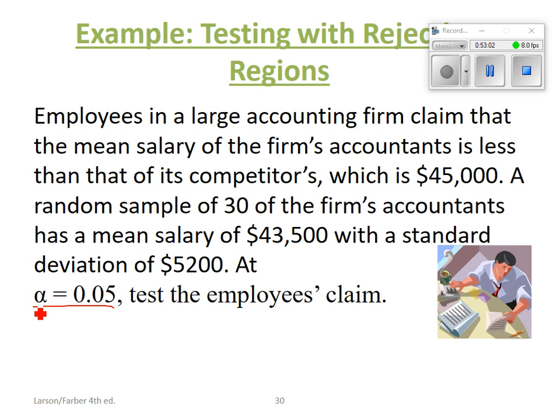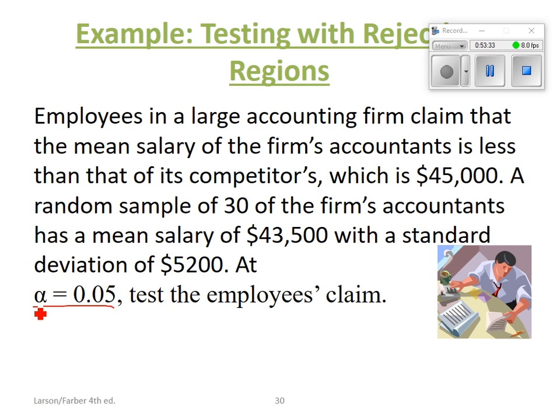So we know our N is 30. When we go to write our H0 and our HA, you're going to have to do this stuff every single time. It says the employees of a large accounting firm claim the mean salary is less than the competitors', which is this. So that's going to be our HA. That's the claim.